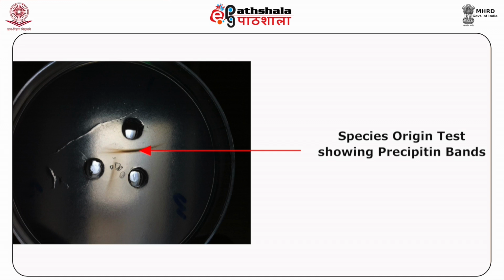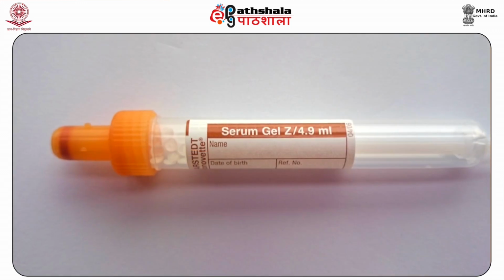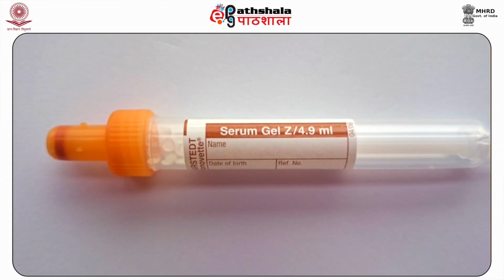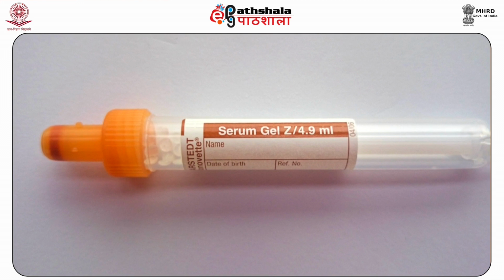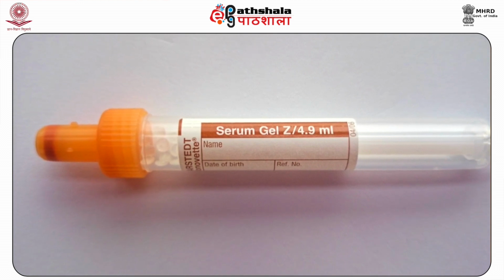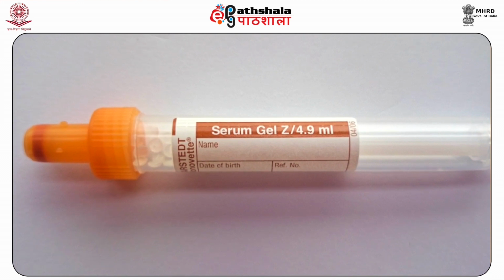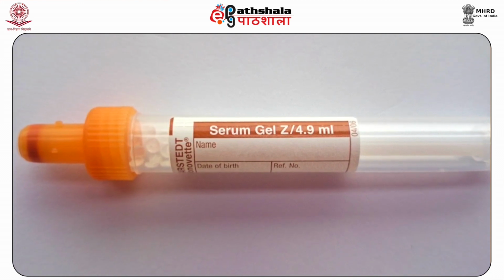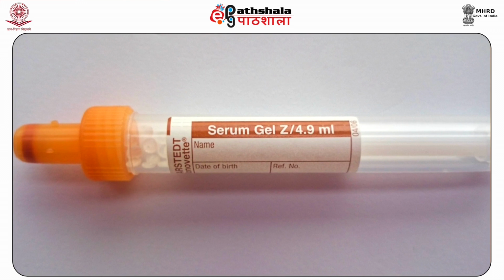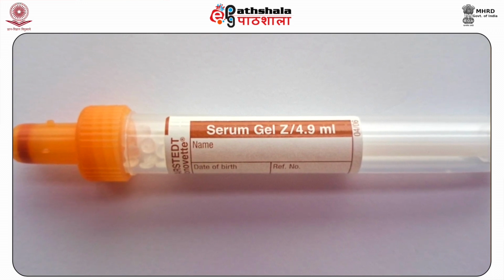If a foreign protein is detected, antibodies are produced to protect the body from harm. Serum for this precipitin test is commonly obtained from rabbits, as they have produced antibodies to destroy a small amount of human blood injected into them.